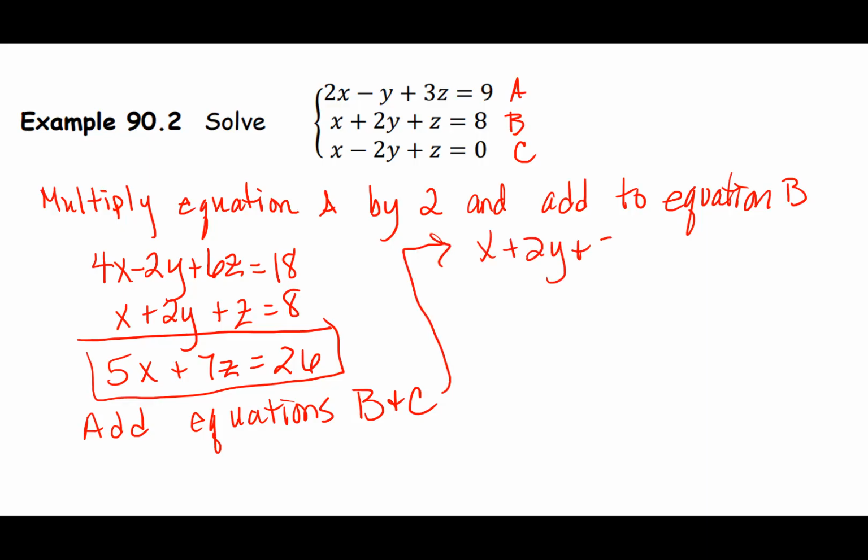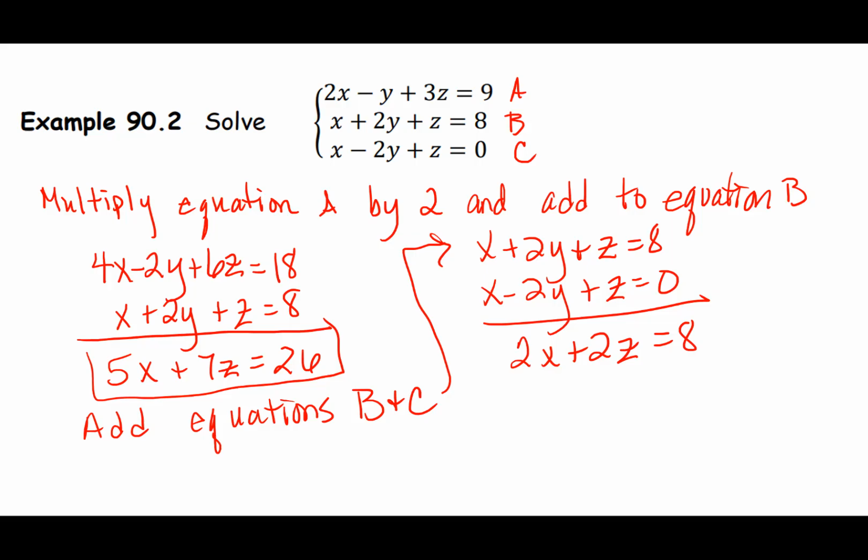So x plus 2y plus z is equal to 8, and x minus 2y plus z is equal to 0. Add them together, and you get 2x plus 2z is equal to 8. But first, I'm going to just divide this whole equation through by 2 because it makes it an easier equation to deal with.